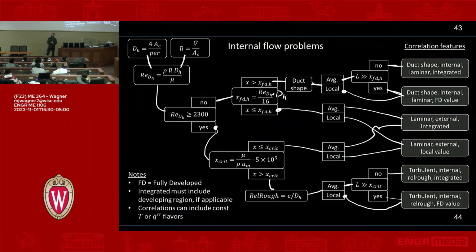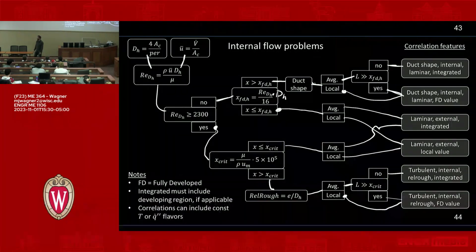If we're, let's say, looking for behavior over a full length of a pipe, then I would just say X equals length, L. And then that would be the thing I would use to evaluate. So X is our variable to just say what's the total length we're looking at in that situation. What's the criteria for differentiating between the average and the local in these situations?